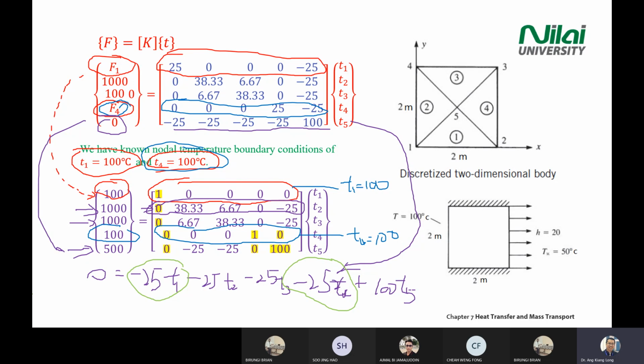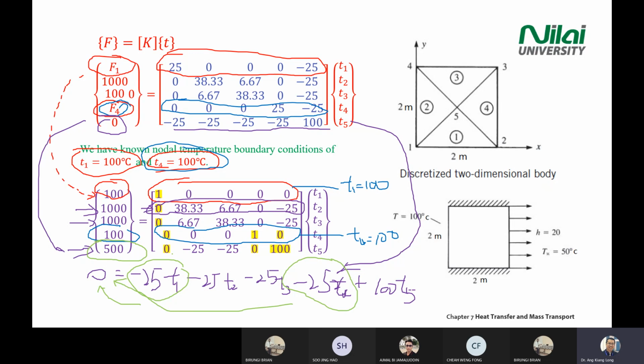It should be 5,000 here, not 500, because 25 times T1 is 100, 2,500, 2,500. So when you move these two to the left, it should be 5,000. There's a typo error in my slides here. Just take note, it's not 500, it's 5,000.